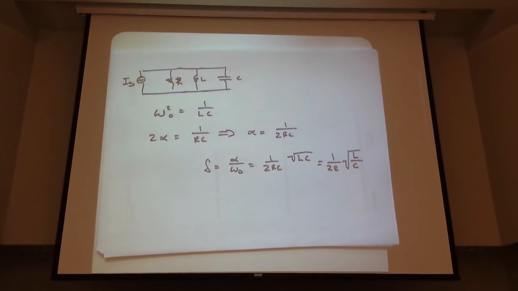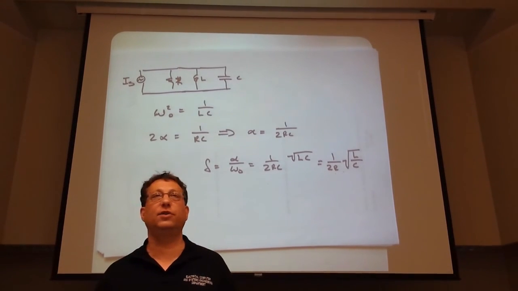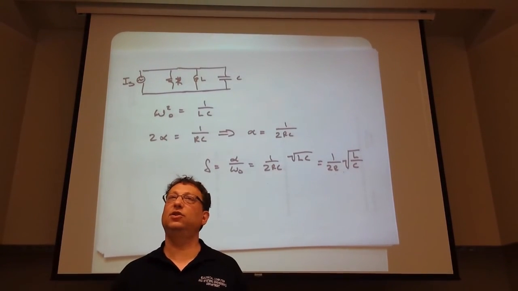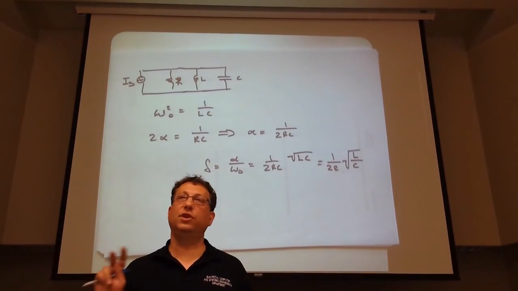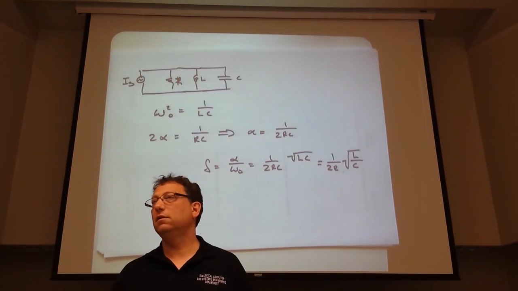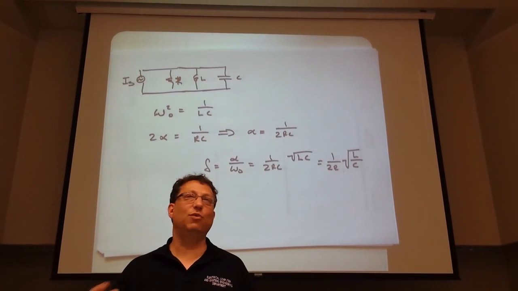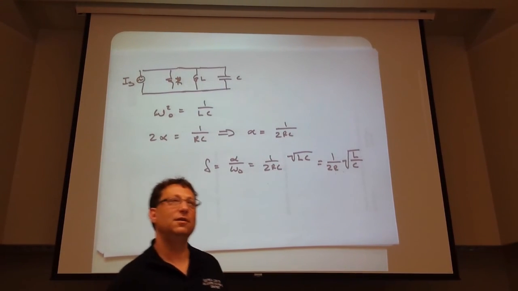But we saw the similar situation when we looked at the series RLC circuit. If that resistance is zero, and we're at resonance, what was the current in the circuit? Infinite. Which, for some reason, it's easier to buy into an infinite current than it is to buy an infinite voltage.